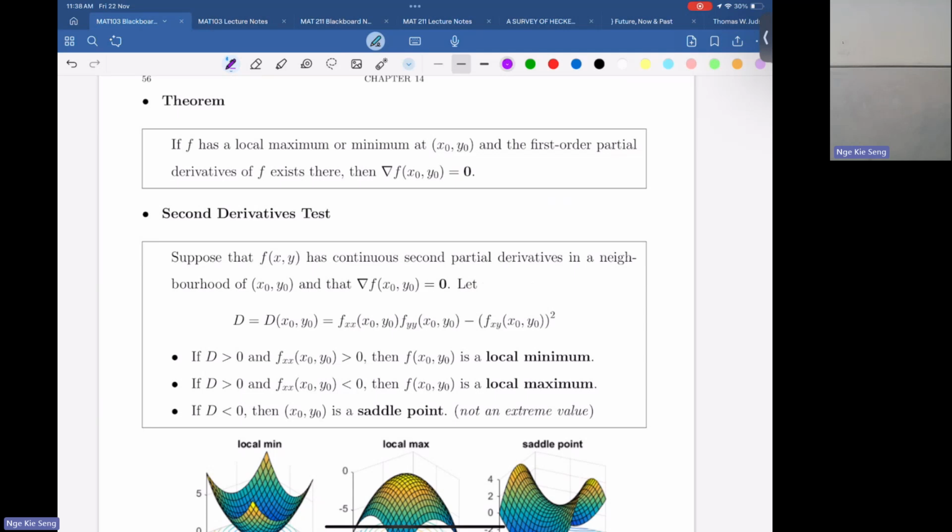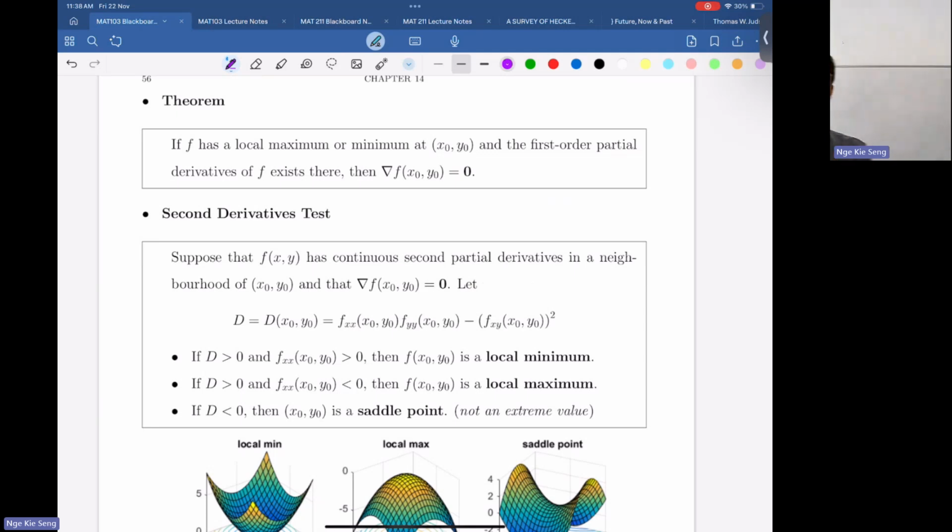This D looks a bit complicated. What is this D here? You need to compute the second derivatives: fxx times fyy minus fxy squared. This is actually very much like AD minus BC. So actually, this is a determinant of a matrix.